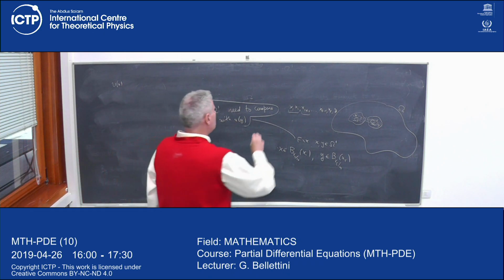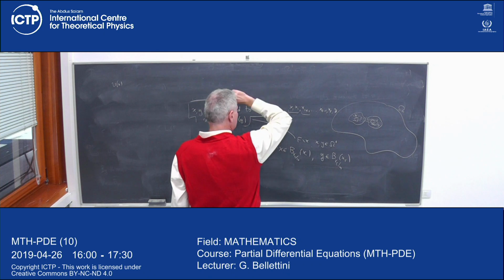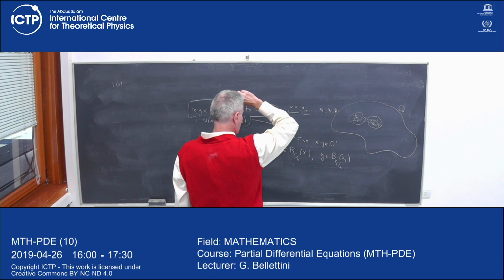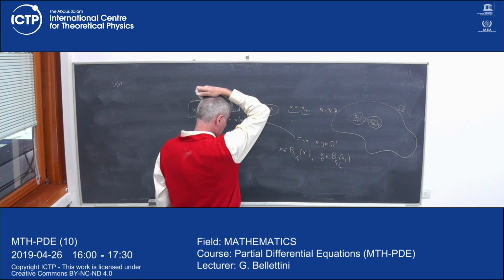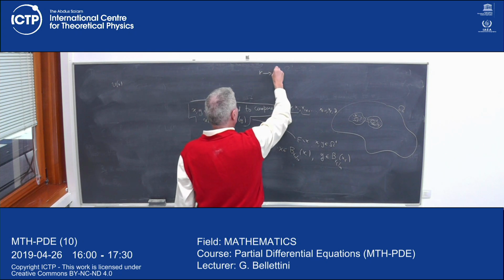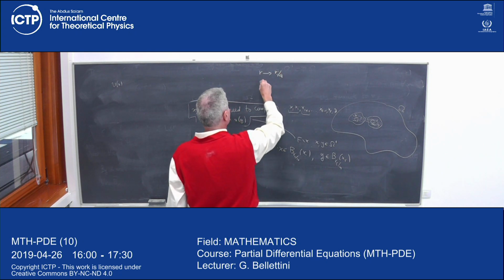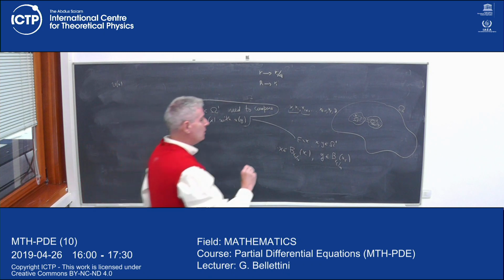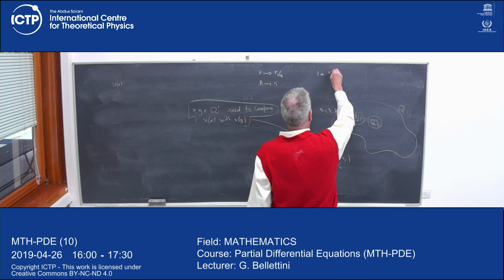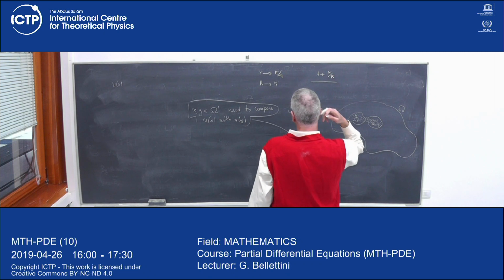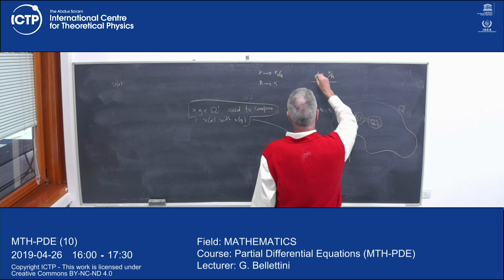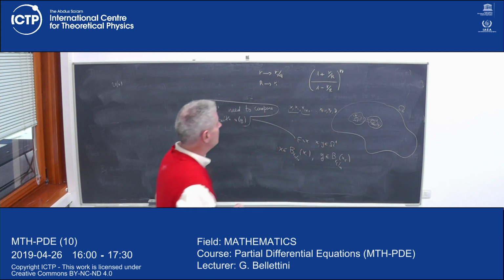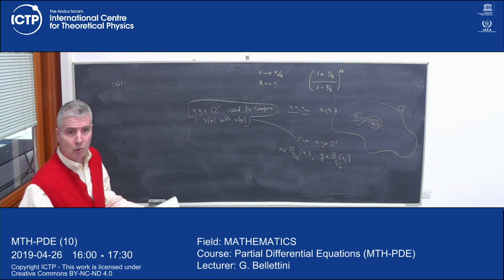The constant we have, say, we are taking r equal to Ri over 4 and capital R equal to Ri. So our famous constant now is (1 plus r over R) divided by (1 minus r over R) to the n. The constant which compares u of x and u of y.